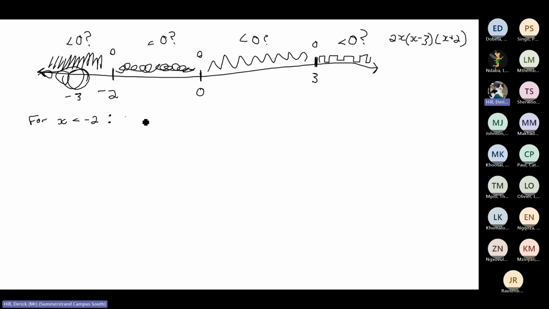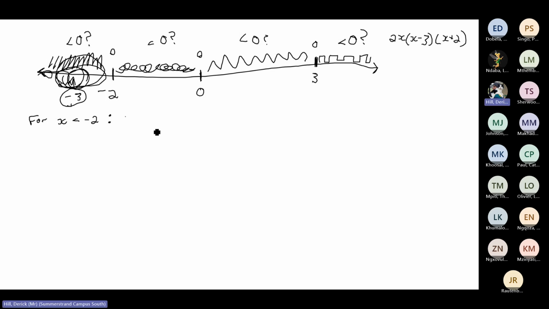So if I plug in a minus 2, that's going to give me minus 4 times minus 5 times 0. No, sorry. We are doing this with minus 3. So I'm plugging in a minus 3 as a representative of this interval over here.